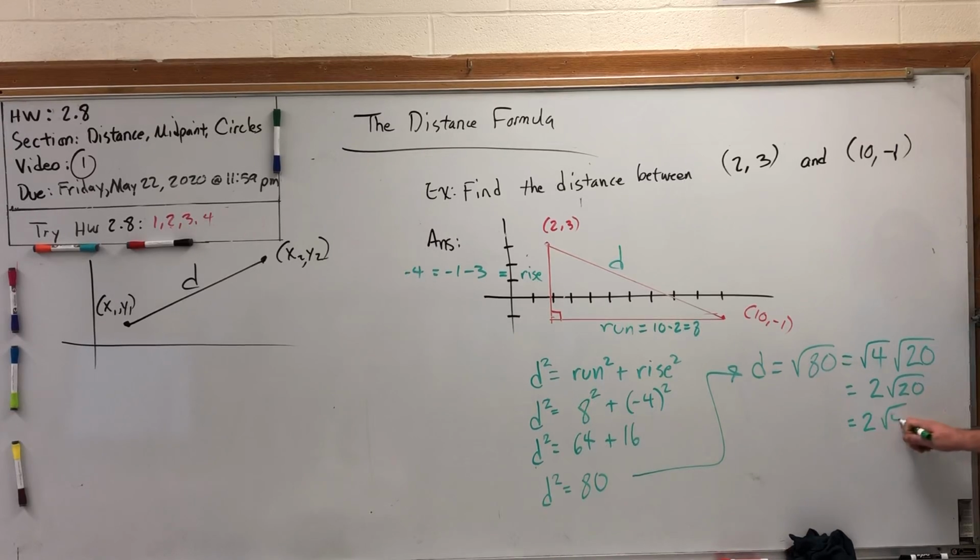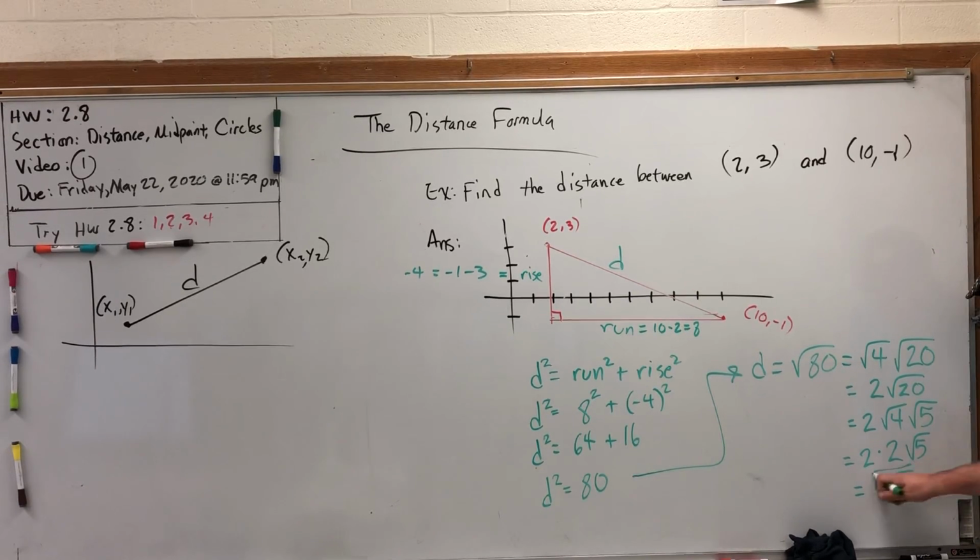We can break off another 4, leaving behind a 5. The square root of 4 is 2. I don't know the square root of 5, and I have a 2 from the first 4 that I broke off. These 2's multiply to give 4, and so we can say that the distance between those 2 points is 4 times the square root of 5.